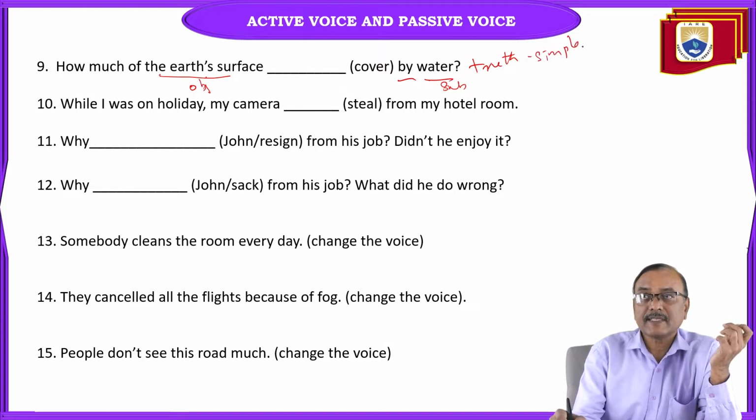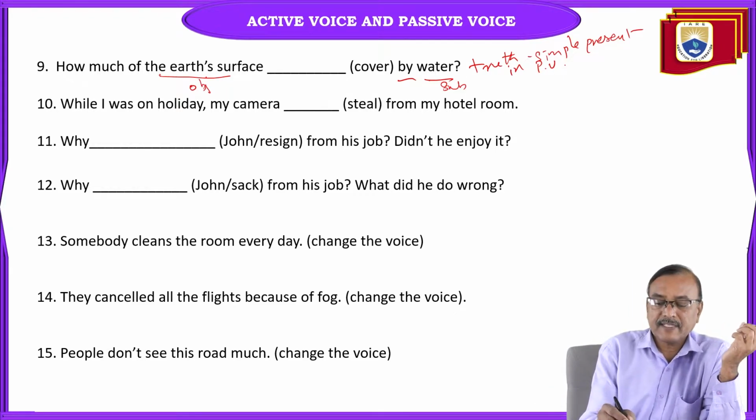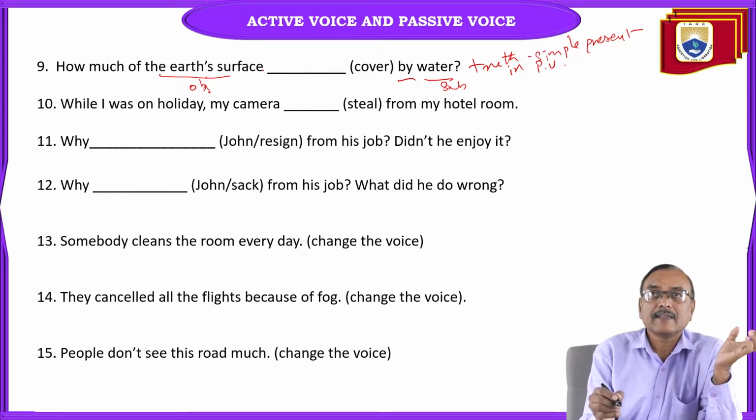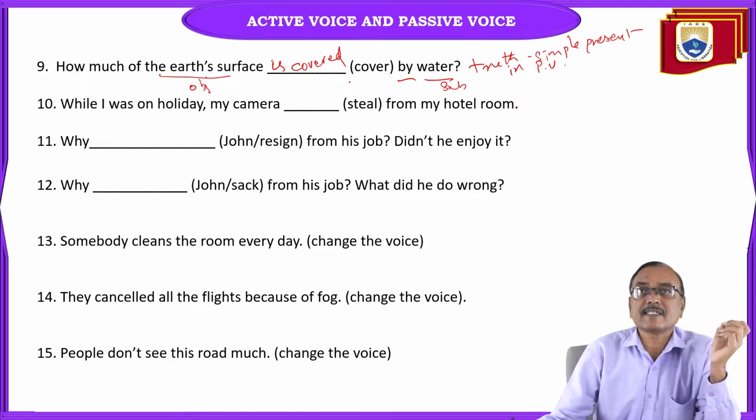So it is simple present tense, passive voice here. Is or are, am plus V3. So Earth's surface is singular, is. Then V3 form, covered. How much of the Earth's surface is covered by water?